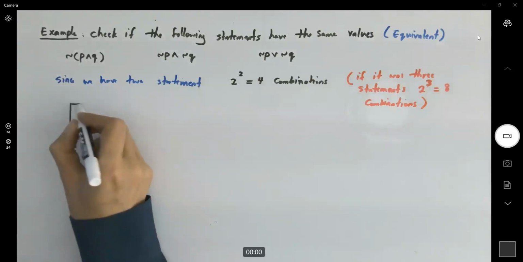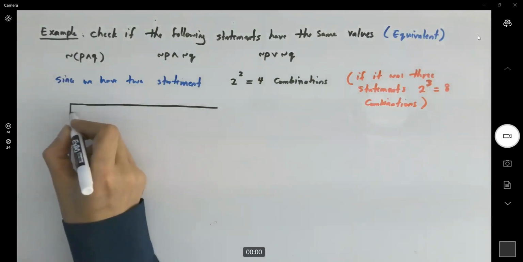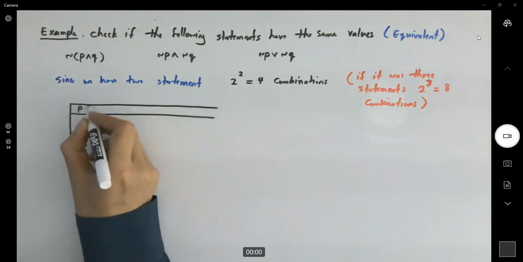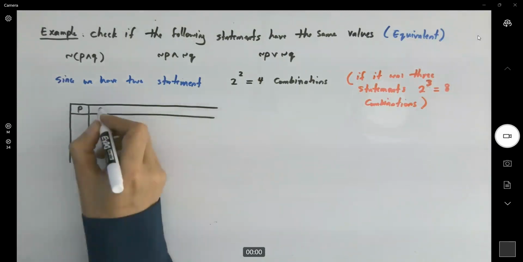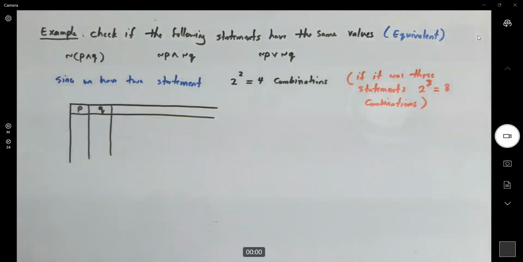I have my P, I have my Q. So the very first column is for P. The second column is for Q. Very good.